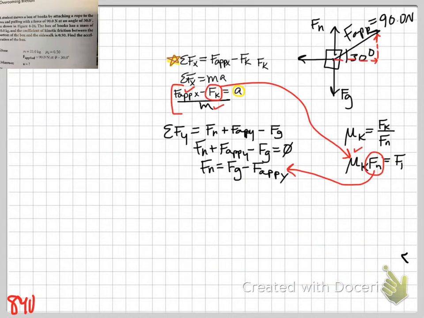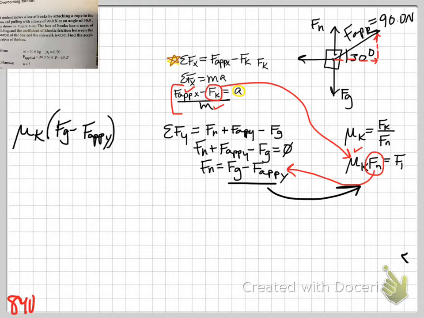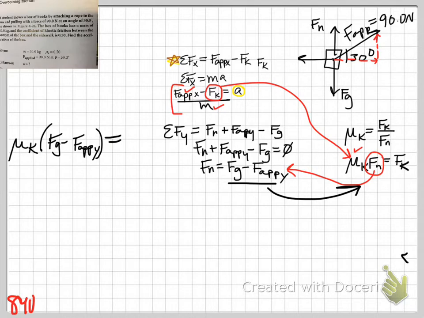I'm going to work backwards from my last substitution. So this is going to go in there. So I have then mu k times fg minus f applied y equals fk.